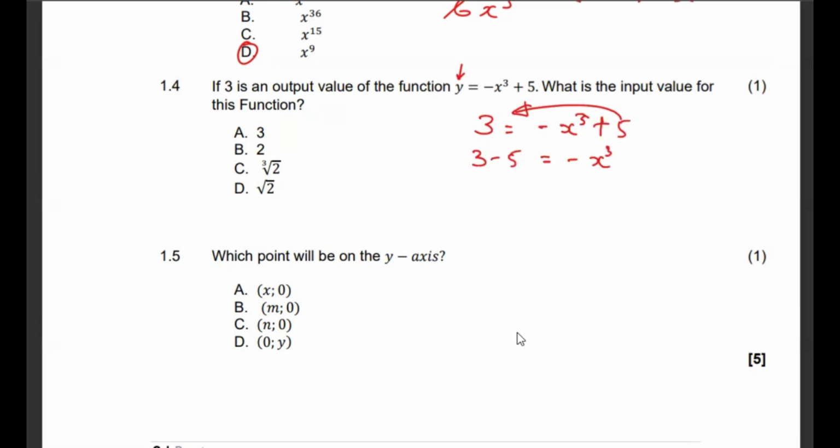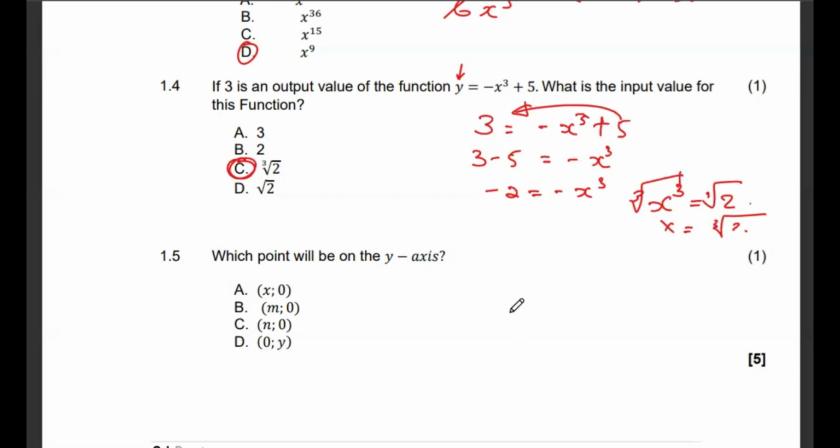That is negative 2, negative x cubed. Divide both sides by negative 1, meaning that x cubed is the same as 2. So for us to get the answer, you must apply the cube root on both sides, meaning that x must be the cube root of 2, which is option C.